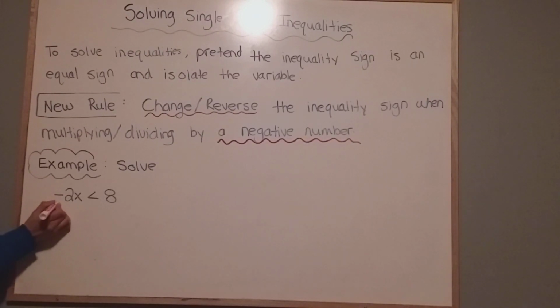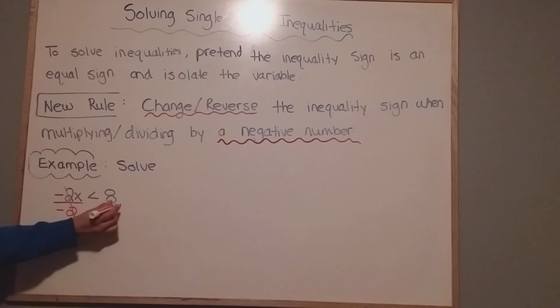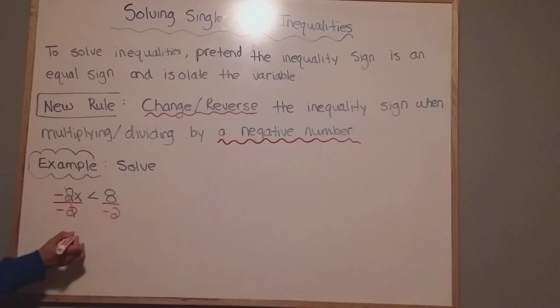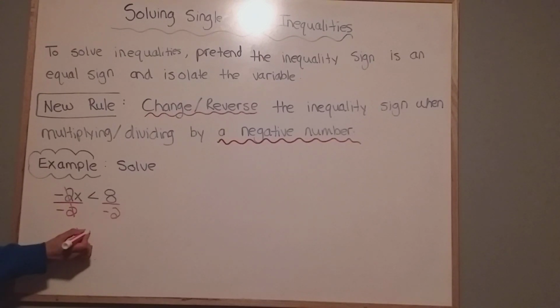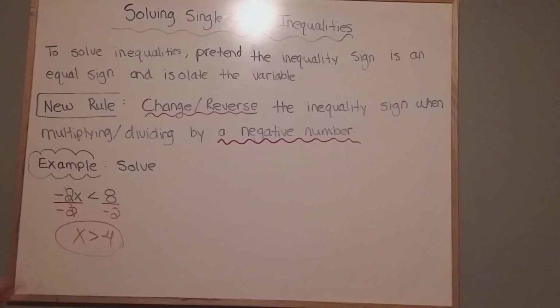I need to divide this side by negative 2, and I have to divide this side by negative 2. So my x is going to be, because I'm dividing by a negative number, I have to switch or reverse my inequality. That was less than, it becomes greater than negative 4. And that would be your final answer.